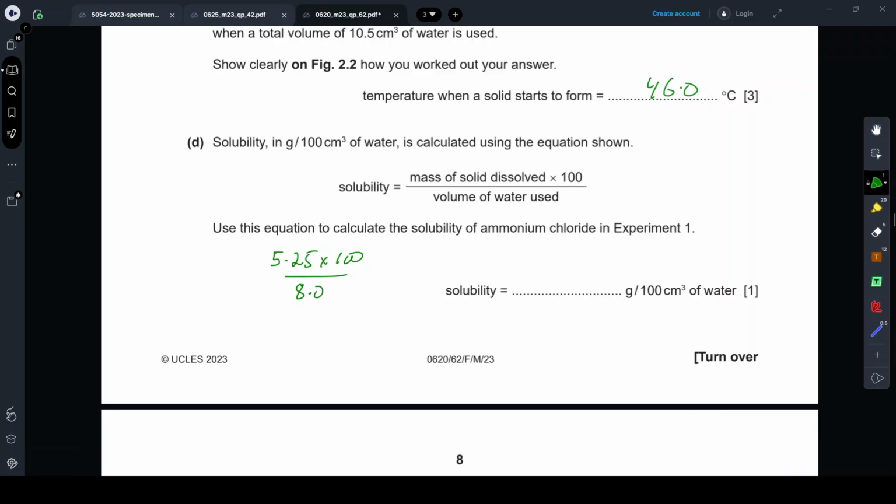Right. What are we getting out of this? Just a minute. One minute. Is it 62.5? How are you getting 62.5?